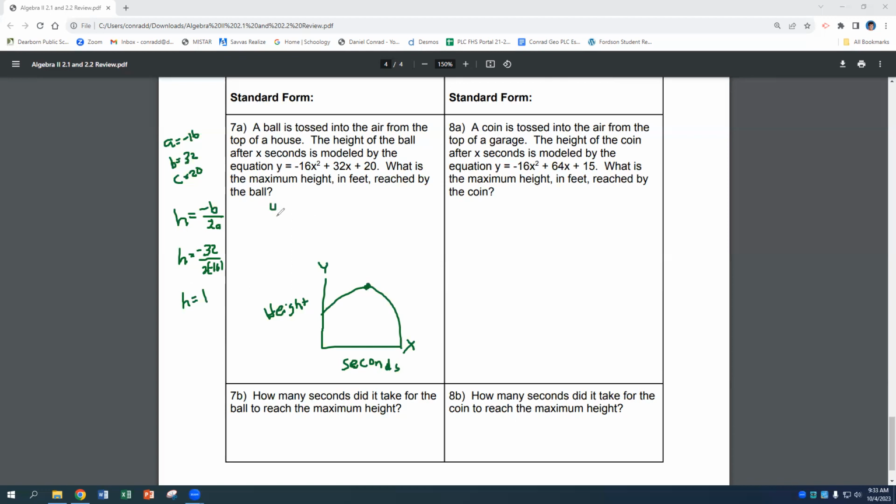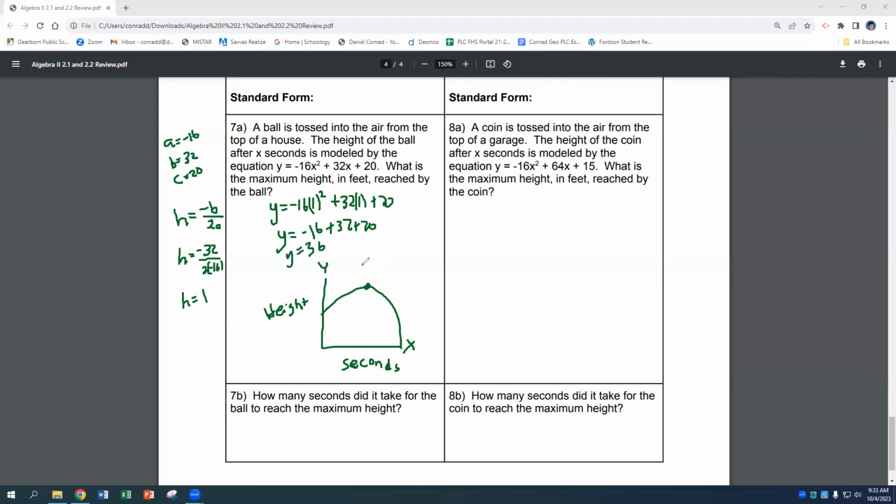Okay. So then to find my k, I need to substitute in that 1. So negative 16 times 1 squared plus 32 times 1 plus 20. So that's going to be equal to negative 16 plus 32 plus 20, which is going to give us 16 plus 20, which is going to give us 36.